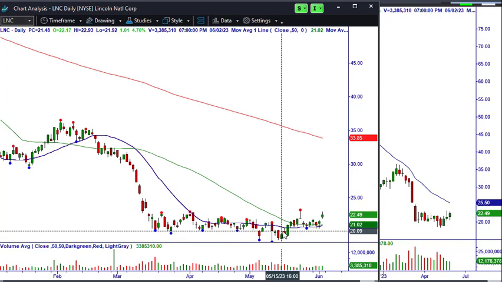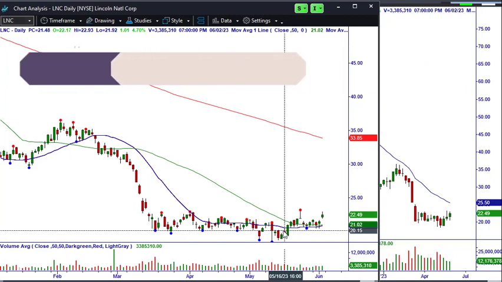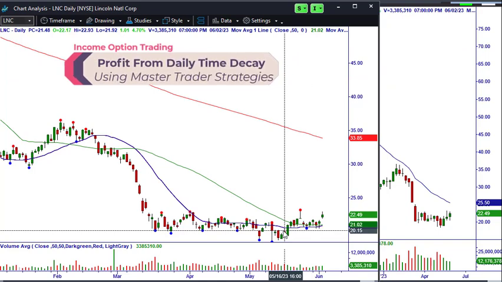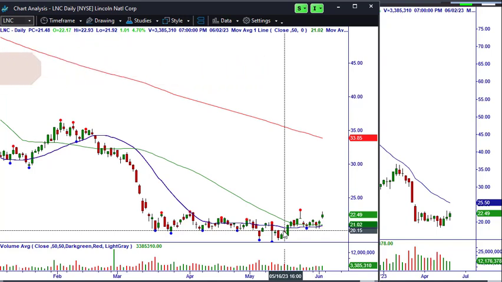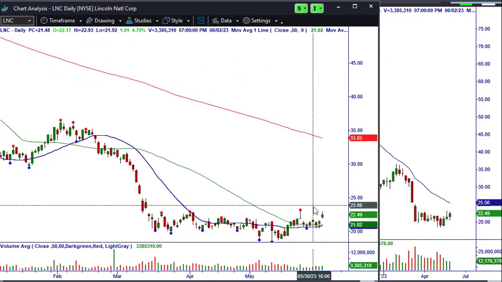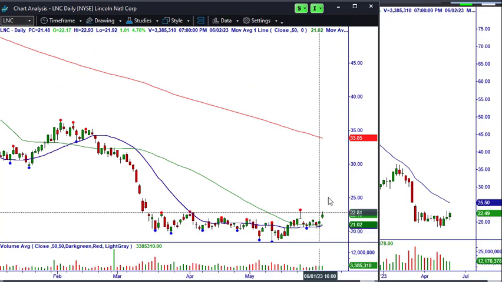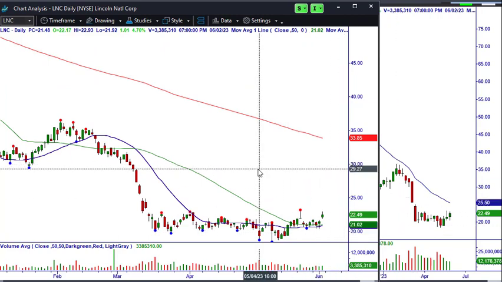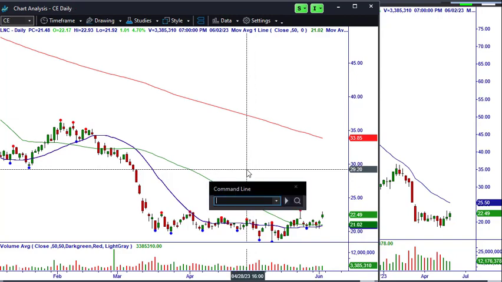We said short the $20 put, right where this horizontal line is, and we take in the premium, and we have an obligation to buy the underlying stock on or before expiration at $20. But I'm not doing it to buy the stock. I'm doing it because I think last week's low is going to hold until next Friday's expiration, and we keep that premium as pure profit. But it's a directional trade also.